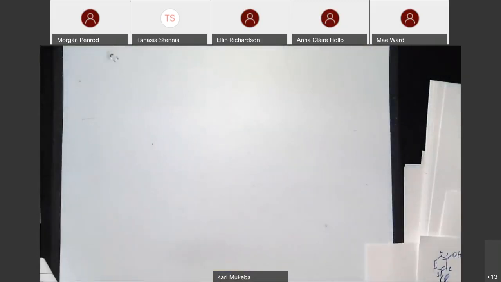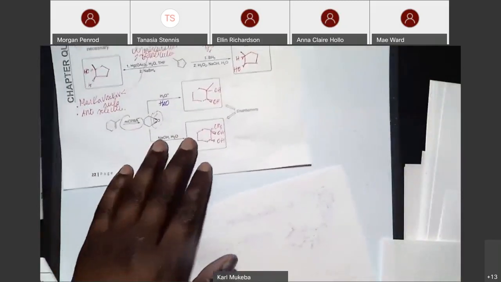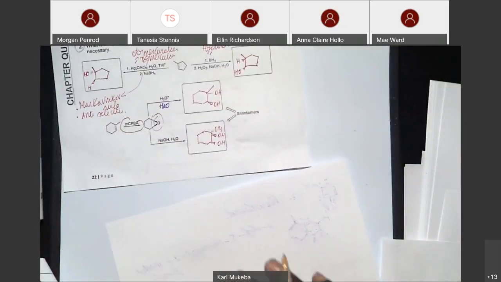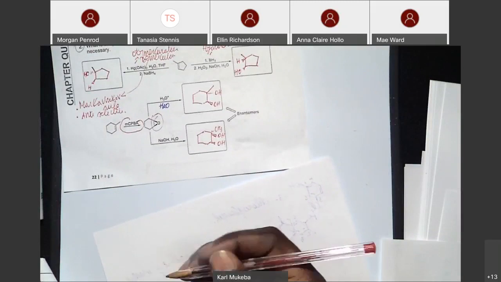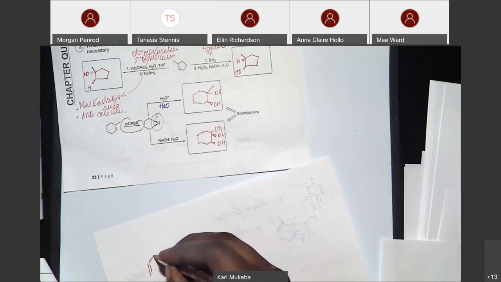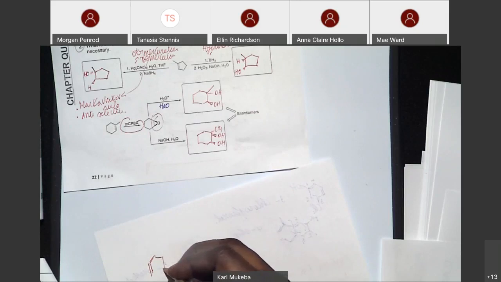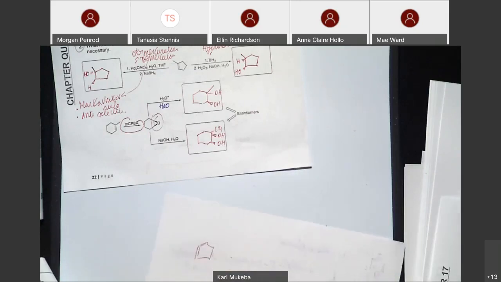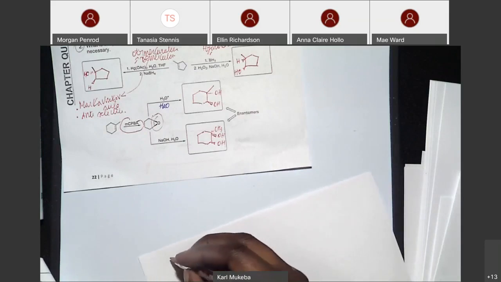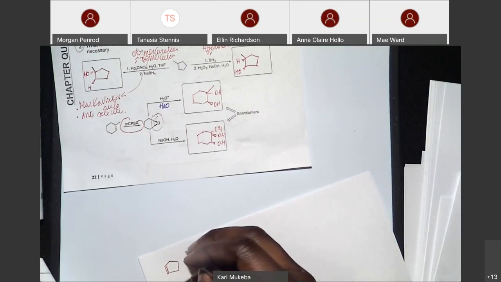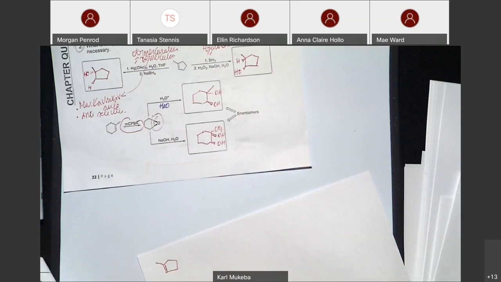So let's make it simple. We have this, this is your compound, and your migration is going to happen this way.